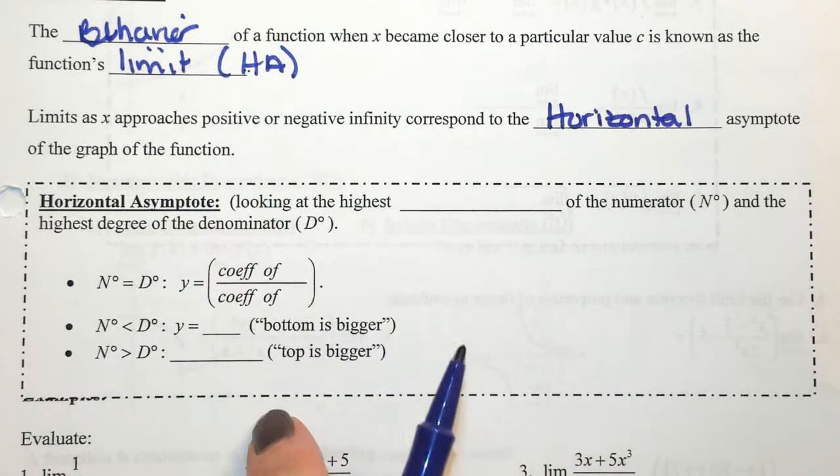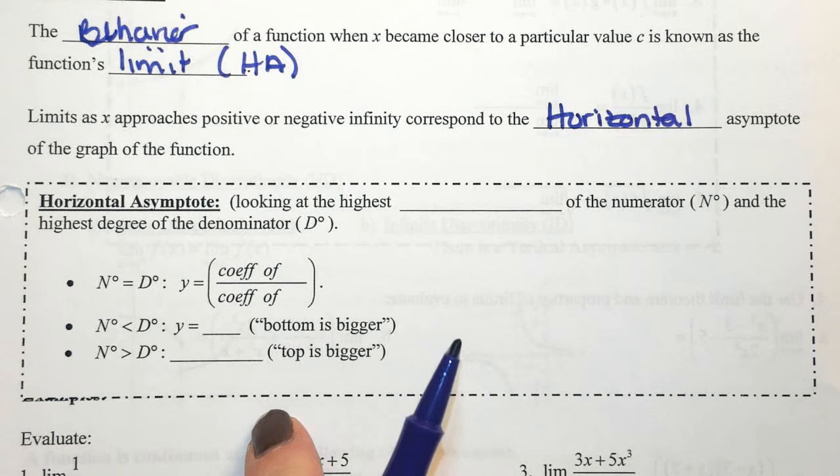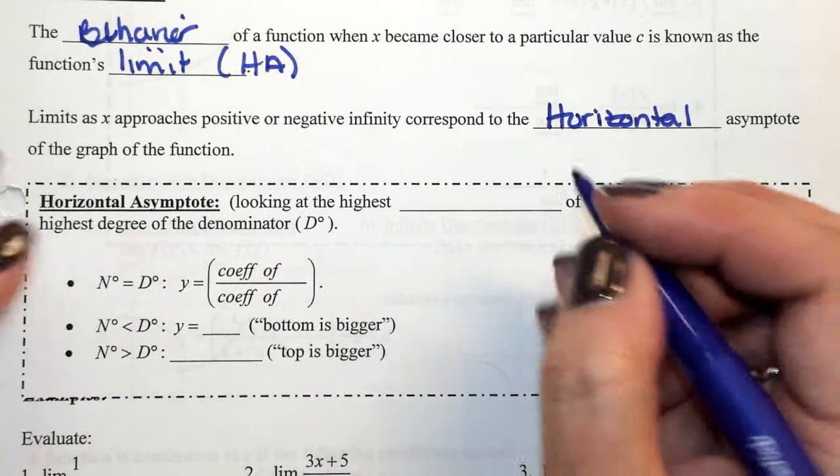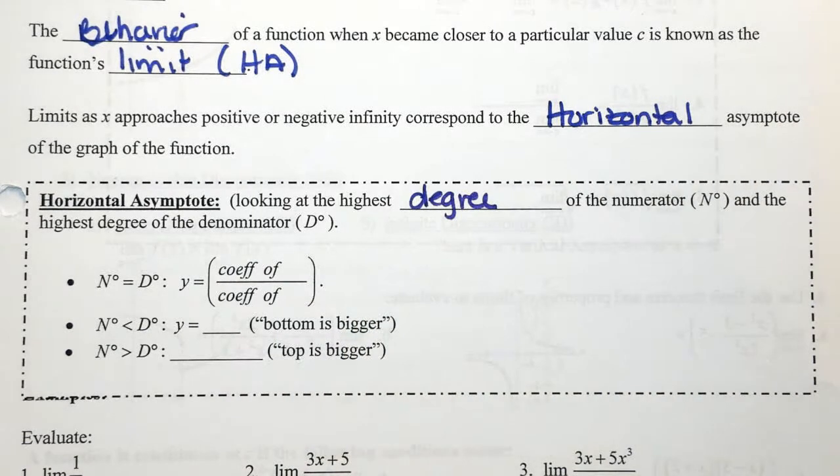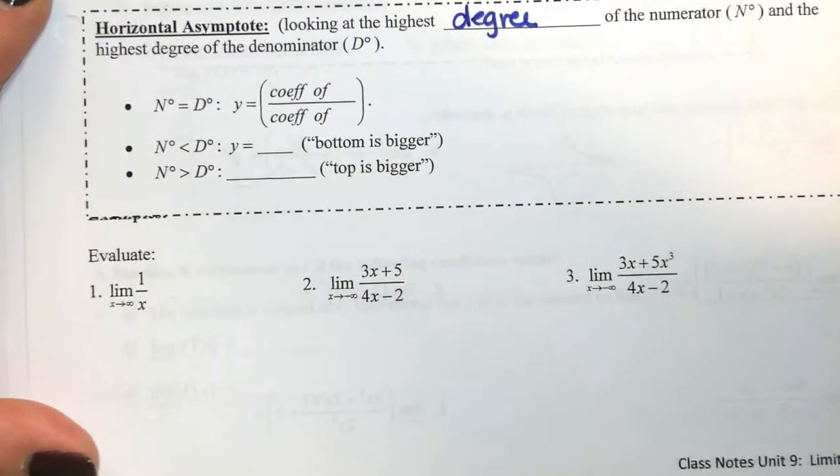Just a review of the rules that we went over back in Unit 8. Remember, you look at the highest degree of the numerator and the highest degree of the denominator to find the horizontal asymptotes. One of three things can happen.